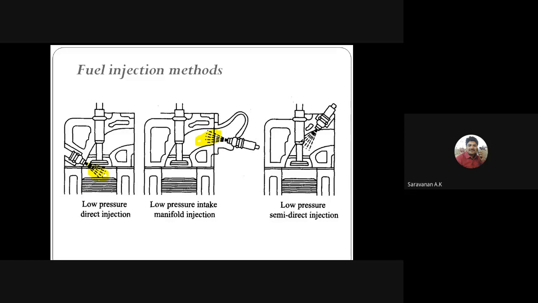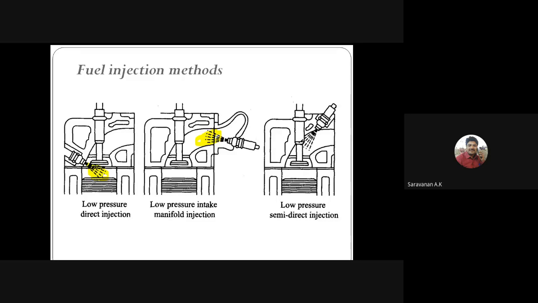For the continuous injection process, a rotary pump is used to pump the fuel from the tank to the inlet manifold or engine cylinder at a pressure of 0.75 to 1.5 bar.